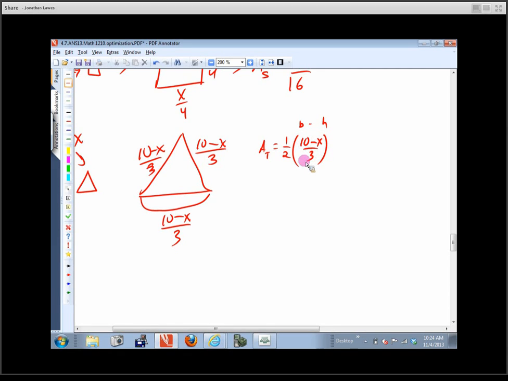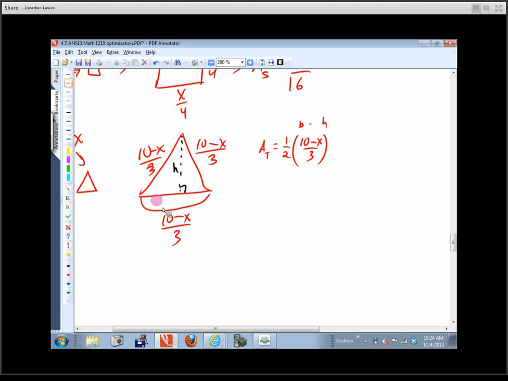Okay, but I need to know how tall it is. So I'm going to change colors here so we can focus on this calculation right there. I need to know how tall this is. Ideas? How would we use the Pythagorean theorem? Okay, so here's the idea. Drop this straight down. This is an equilateral triangle, right?